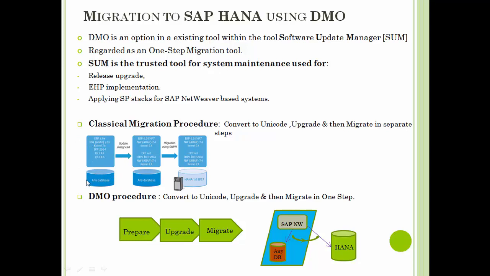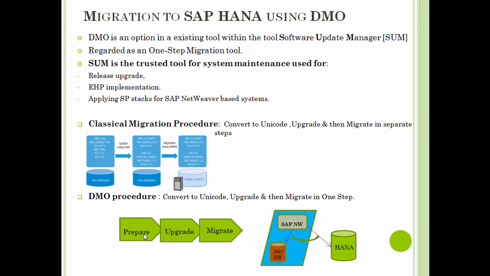But coming to the DMO procedure, we can convert to Unicode, upgrade and then migrate in one step. That is prepare, upgrade and then migrate. Prepare in the sense, prepare for it to be Unicode, do the upgrade and then migrate. So the prepare step has certain preparation steps, where it will have certain input steps.